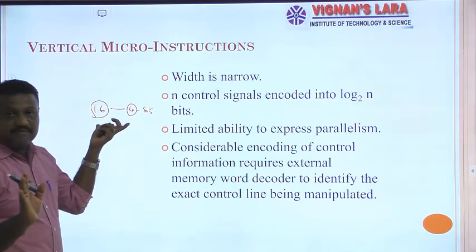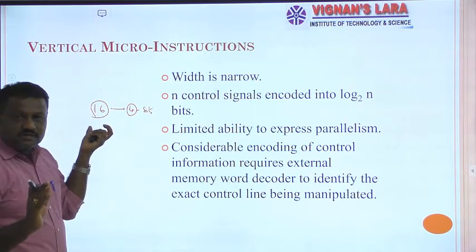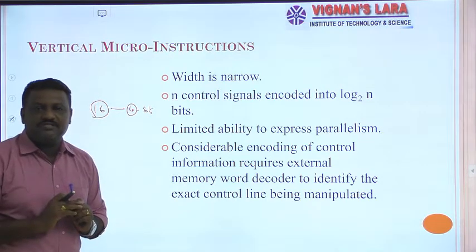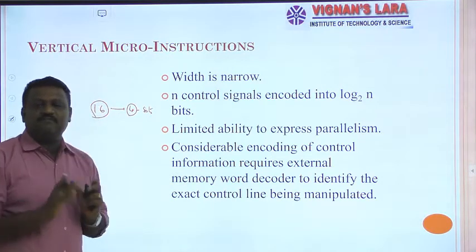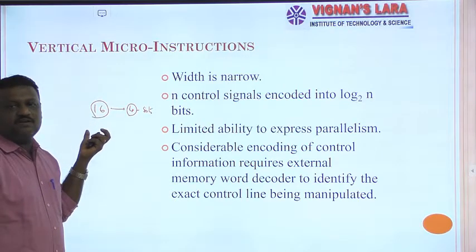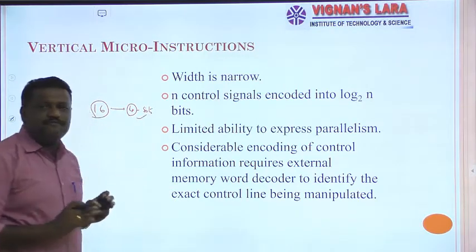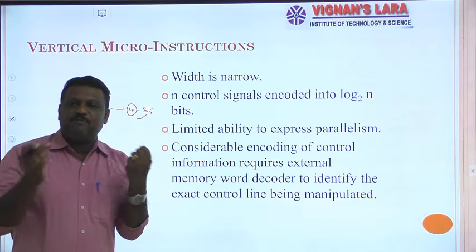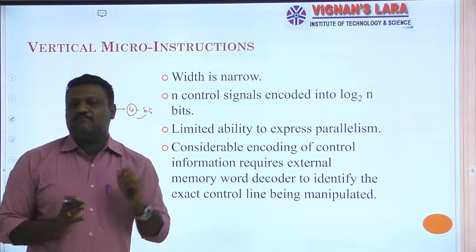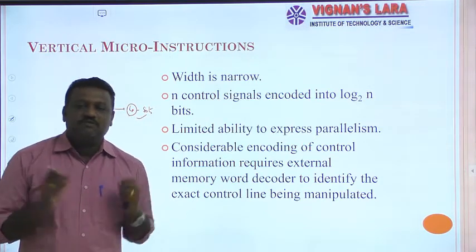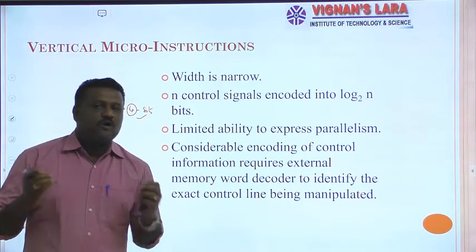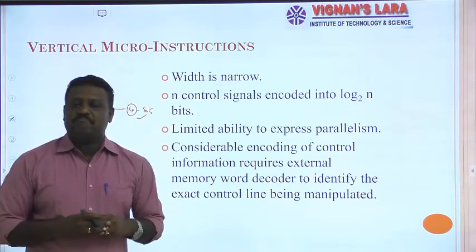In this example, I have 16 control signals, which I need for different micro operations. If I select vertical micro instructions, to generate these 16 different control signals, I use only 4 bits. That means with these 4 bits, at any instant of time, I can generate only one control signal. That means I can do only one operation, one smaller or elementary operation, which may be a micro operation.